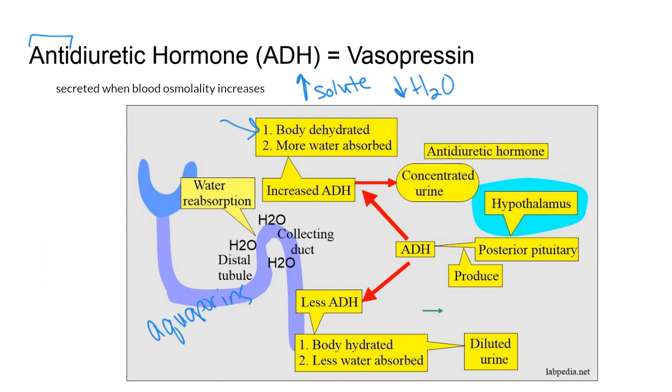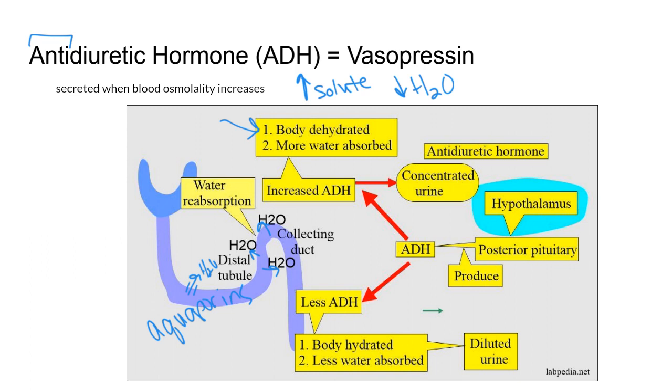So in the collecting duct, if I'm putting in more of these channels, then I'm able to reabsorb more water from the collecting ducts, which would mean it would be retained. And so I would have a very concentrated urine.